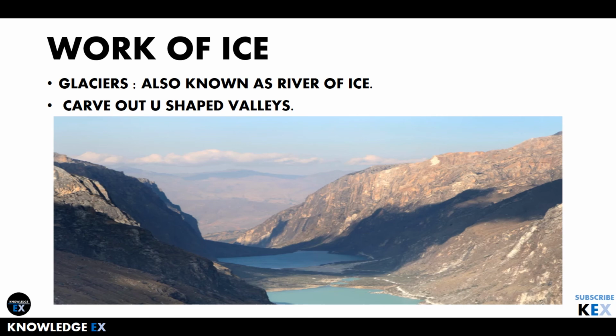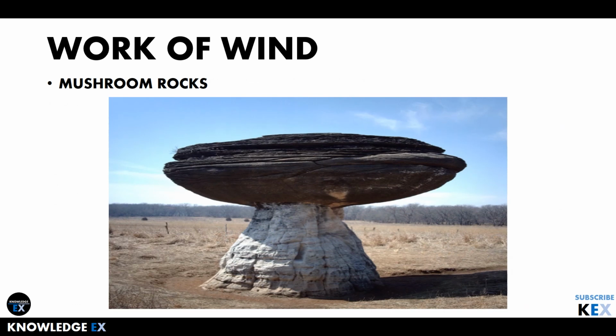Now we are going to talk about the work of wind. Wind is also a very strong erosional agent, and you can see that mushroom rocks are found in the deserts because the finer sediments which the air carries whenever it blows strike a rock and continuously erode it.